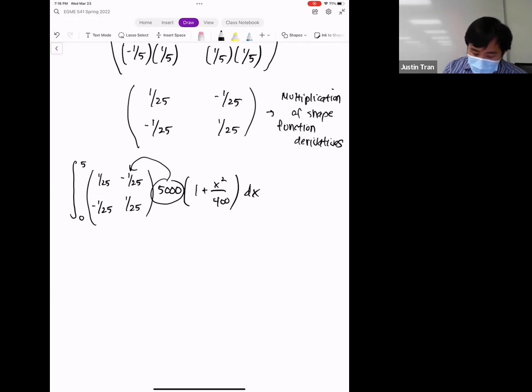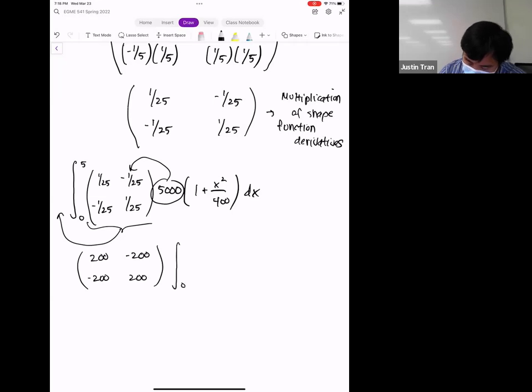Then, because this matrix is all constants, I'll pull it outside the integral. We end up with a positive 200, minus 200, minus 200, 200, and then the integral from 0 to 5 of 1 plus x squared divided by 400 dx.